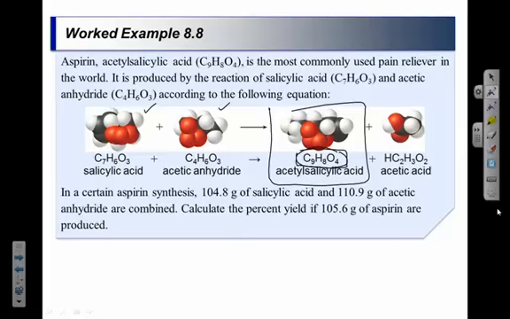So to determine if it's pure, one way to do that is to measure the percent mass composition of the carbon and hydrogen and see if that matches the percent mass you should get based on the formula for the substance.